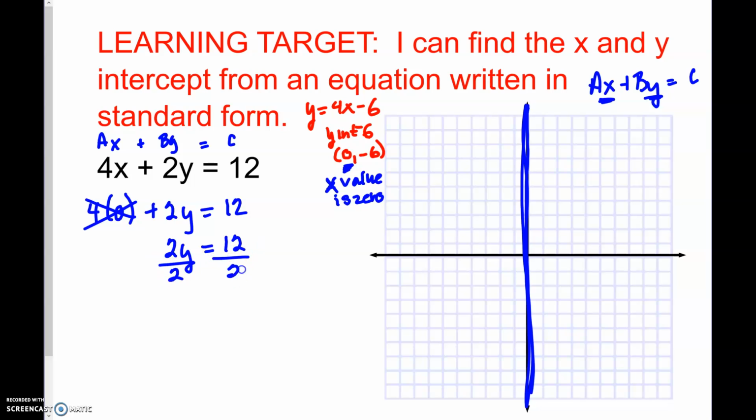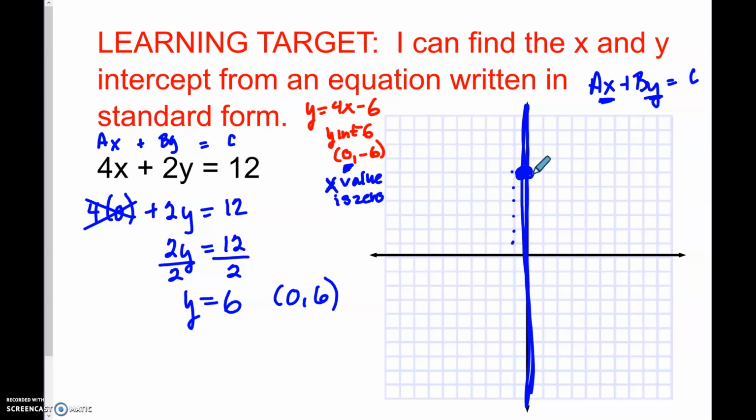So we're going to divide both sides by 2. So it says that this y-intercept is 6. Okay, so this ordered pair is 0, 6. Now, you can see that I'm going to eventually ask you to graph this, because that's why I put this graph here. So we can go to the y-axis and go 1, 2, 3, 4, 5, 6 and put a dot.